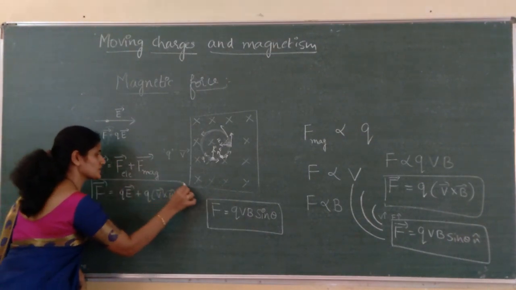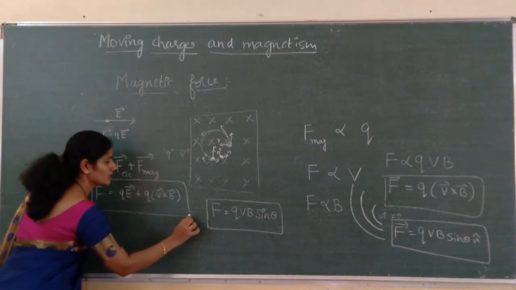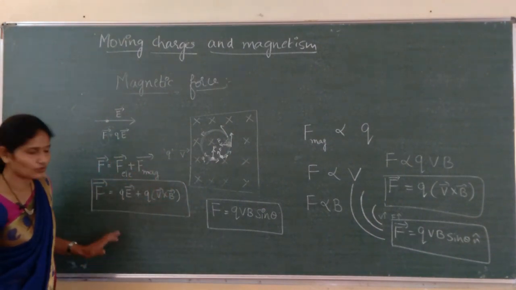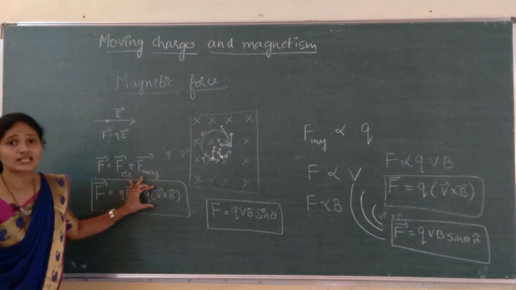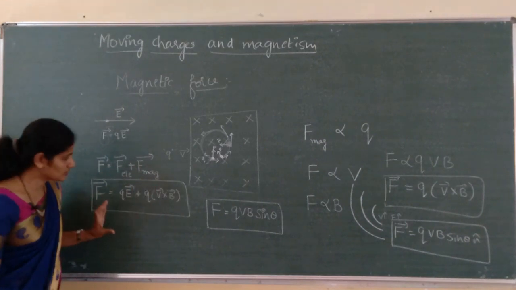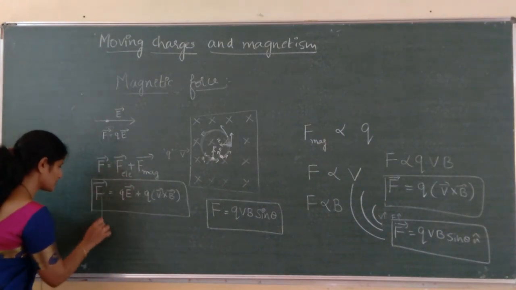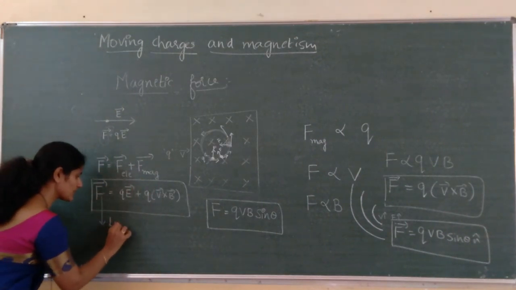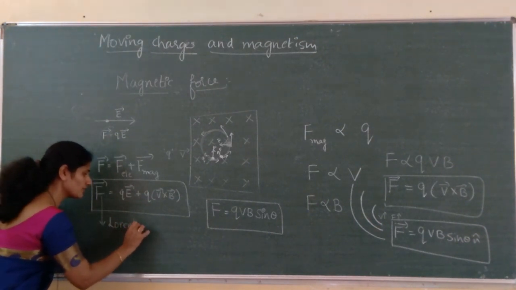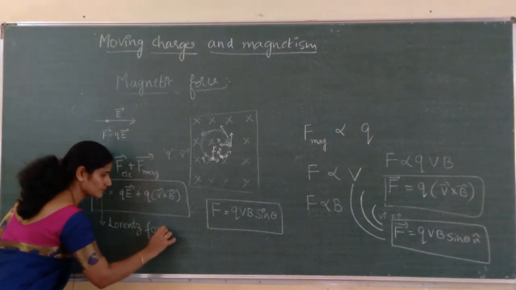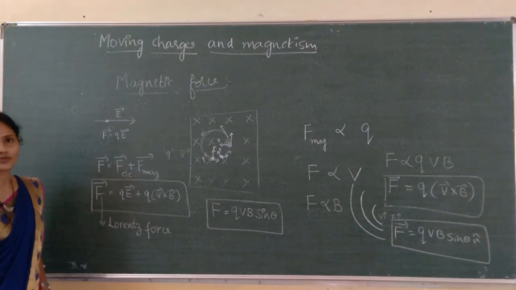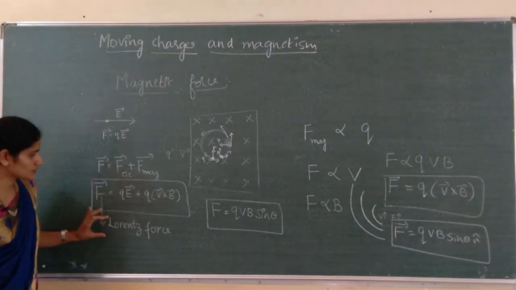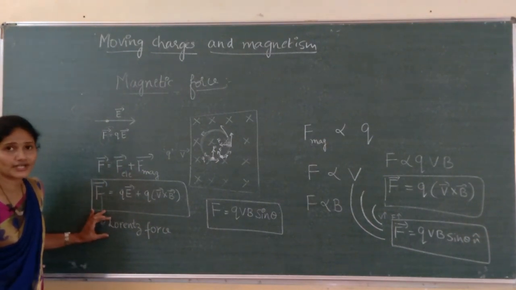So, this is the expression for force acting on a moving particle in the presence of both electric field as well as magnetic field. This expression is also called the expression for Lorentz force. What is the expression for Lorentz force?